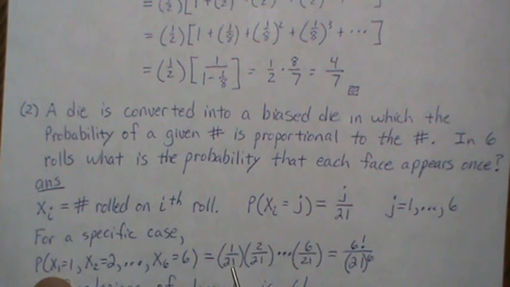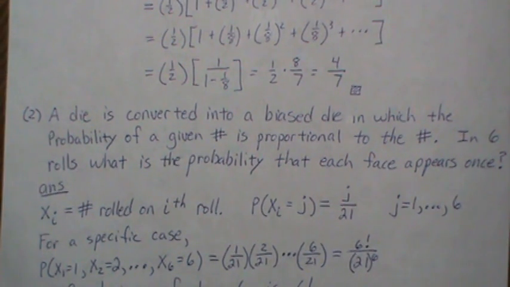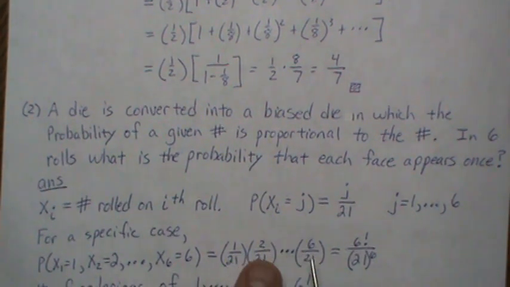The probability that we roll a 1, a 2, all the way to a 6 is the product of those, which is 6 factorial over 21 to the 6th. But if we put these in a different order, with each number once, it's the same probability. These products will be rearranged, but it's the same probability.